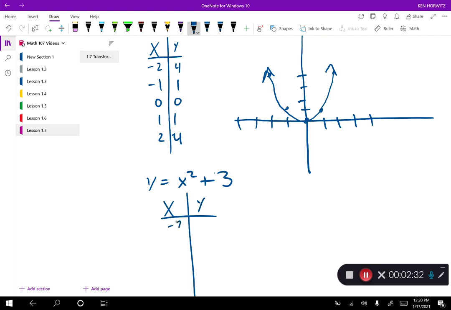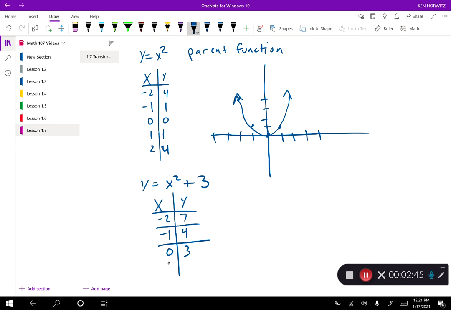So if I say -2, that's now 7. -1 is now 4. 0 is now 3. 1 is 4. And 2 is 7. So I'm going to draw this graph, but I'm going to draw it in green so we have just a contrast.